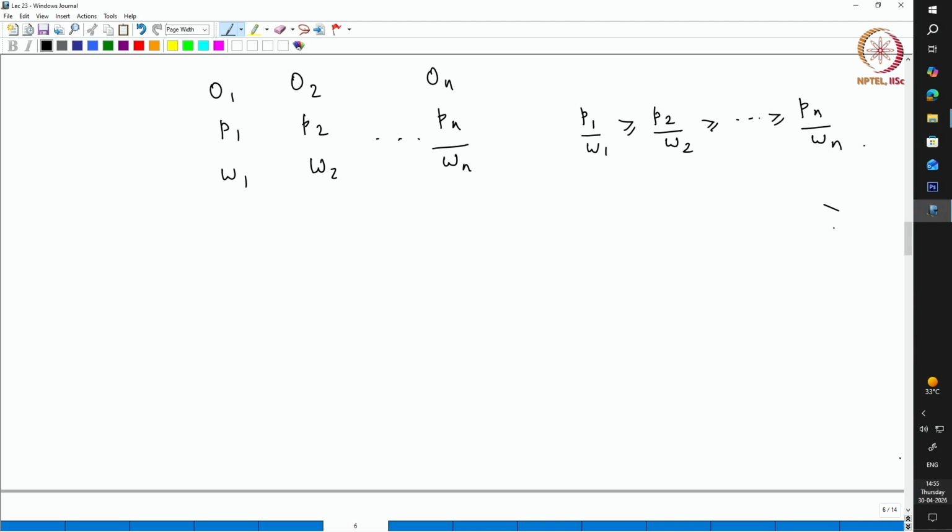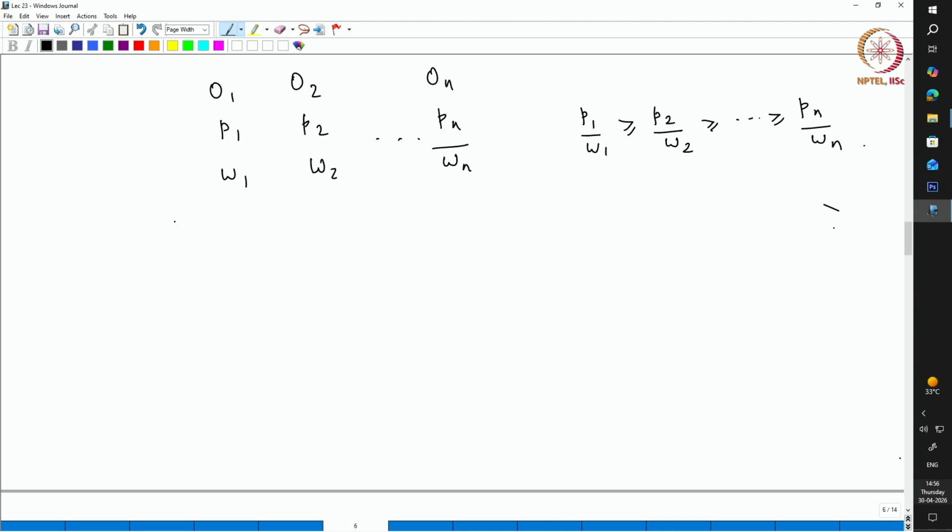Because this is the order in which our greedy algorithm selects as much as possible. So, our greedy algorithm is going to take O1 as much as possible. After that, it will take O2 as much as possible, because that is the object with the next profit per unit weight value.